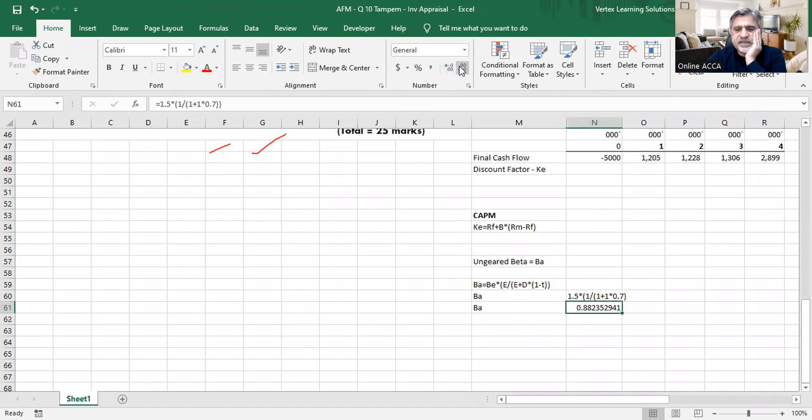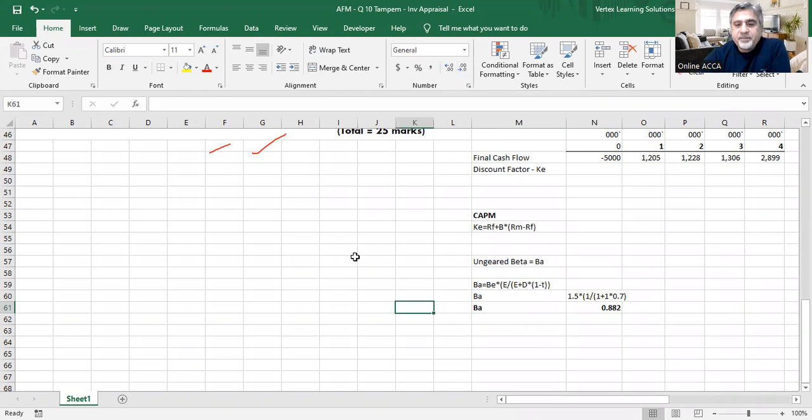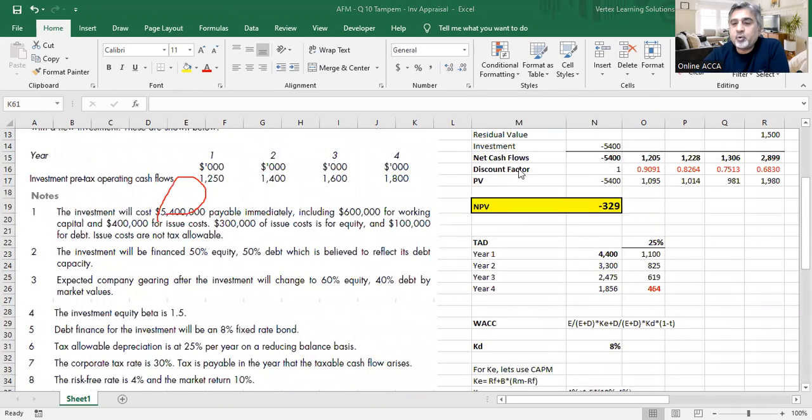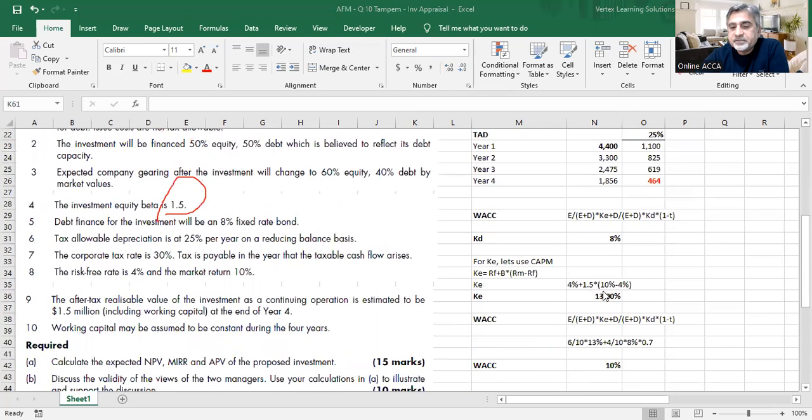If I take it to 3 decimal places, it is 0.882. See, there's a big difference now. You had a beta before of 1.5. They said this project is a risky project. It gives a 1.5 beta, and therefore your shareholders were requesting a return of 13%.